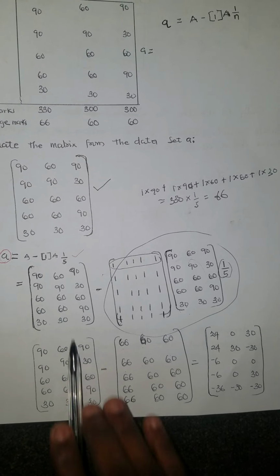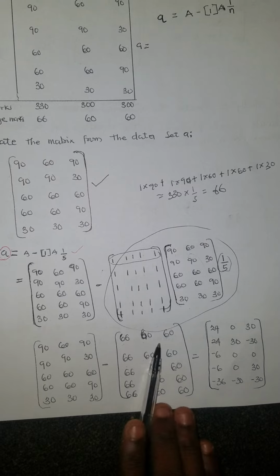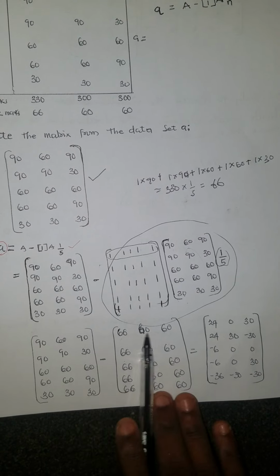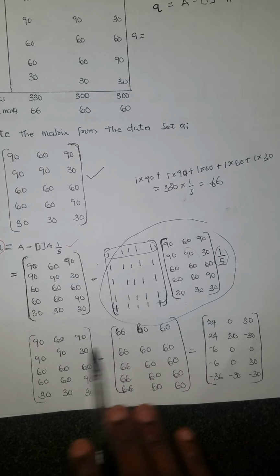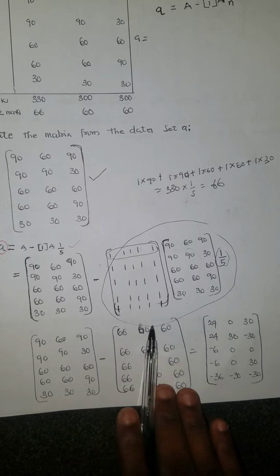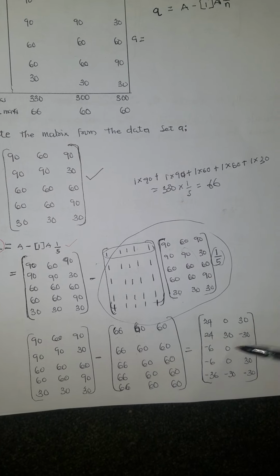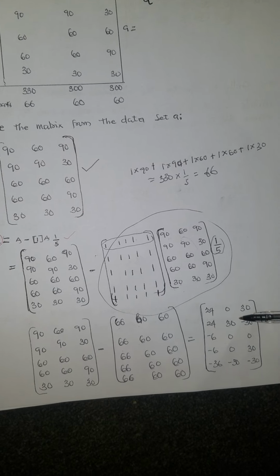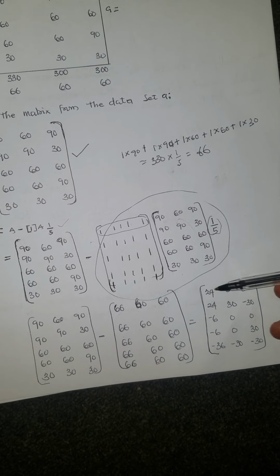Now if you substitute that here, you will have this. Now subtract this from this. When you subtract 90 minus 66, you get 24. 60 minus 60, you get 0. So if you do all the subtraction, this is the matrix you get.